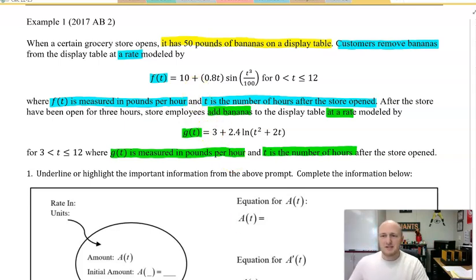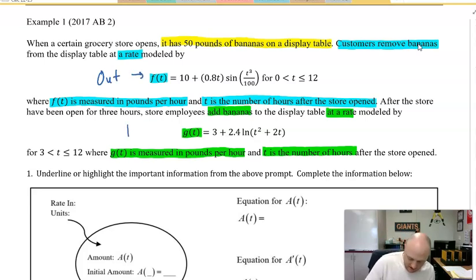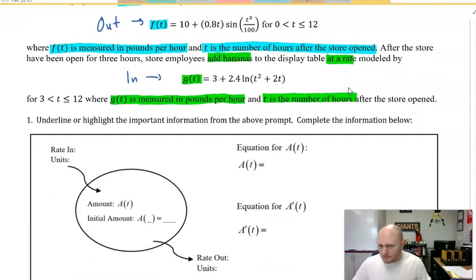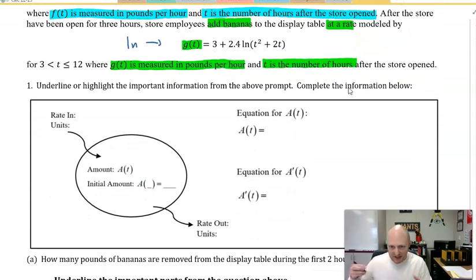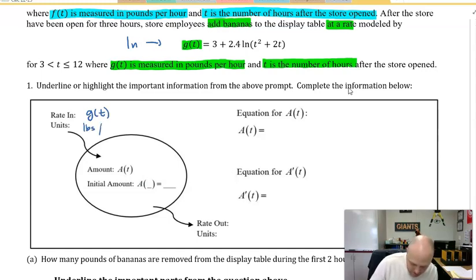Okay, a couple of things. They gave us an initial value. They gave us a rate out. So I always like to say this: this is out, and here is the rate going in. We're adding bananas. So what we're going to have to do, it's very smart first to just identify these. The rate in, like we talked about, was g of t, in pounds per hour.